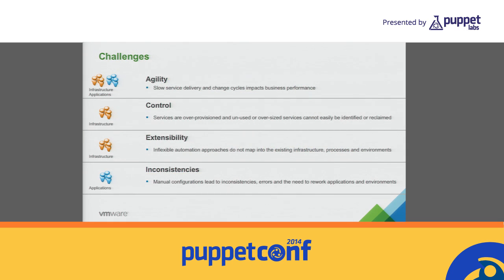Other than agility related to application and middleware configuration, there are other challenges. For example, control. I provisioned this environment to this group of people, and it's over-provisioned, or maybe they don't have that business need anymore. How can I take that back?